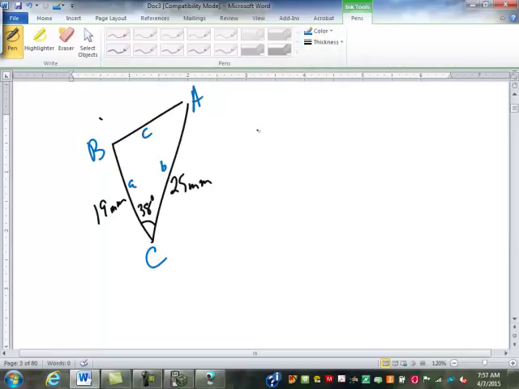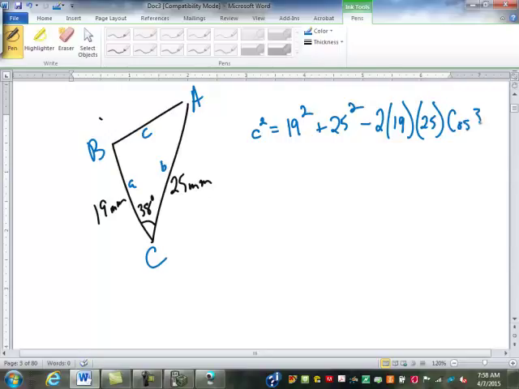So, little c squared is going to equal what? A squared plus B squared, subtract 2 times A times B times cosine C. Perfect.